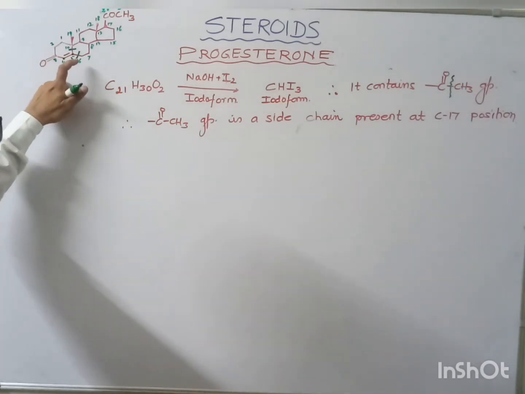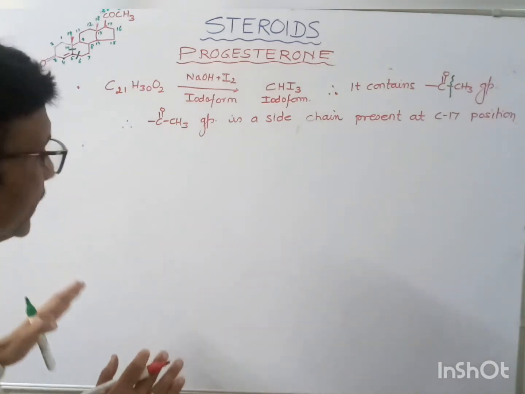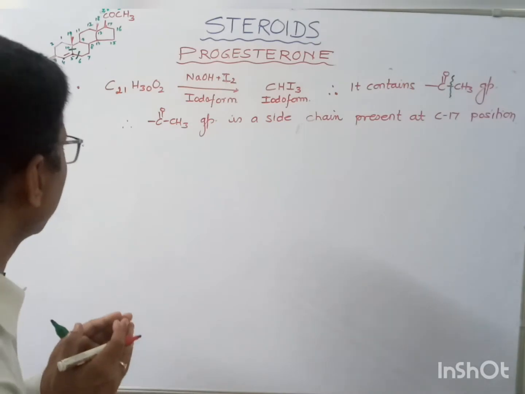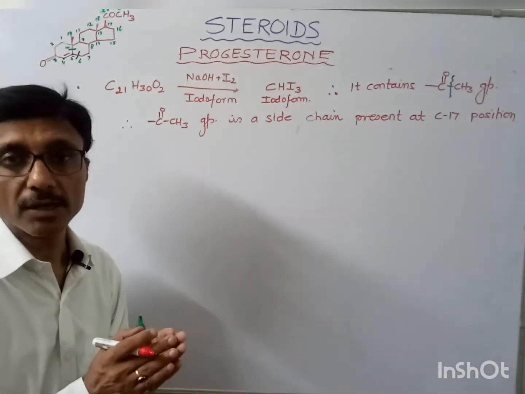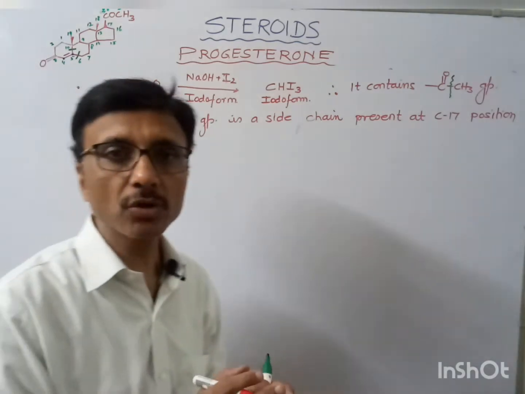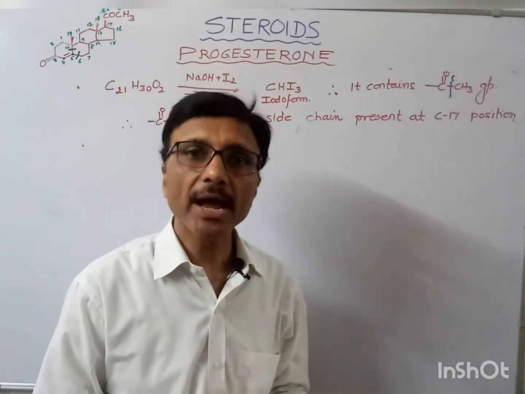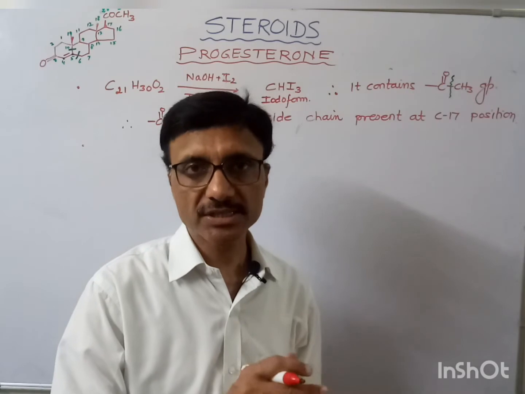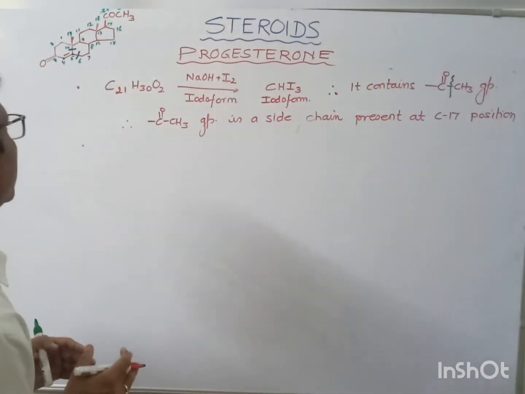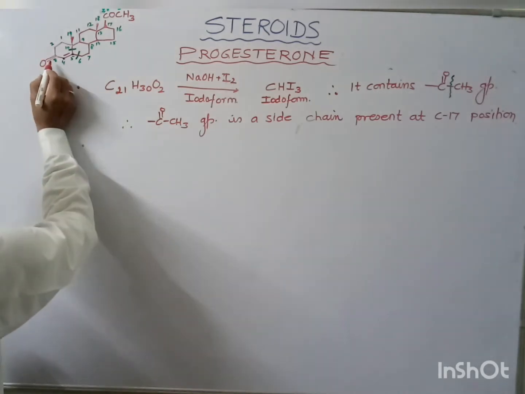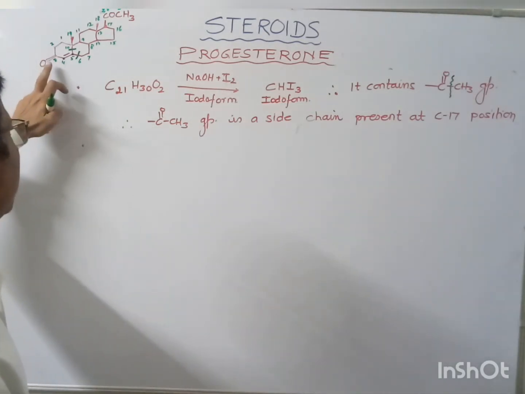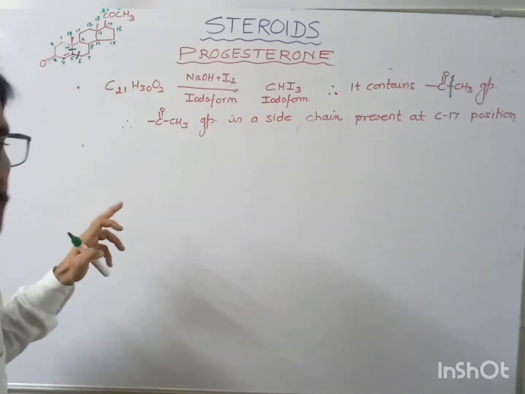As it could be synthesized from cholesterol, and it was also proved by X-ray that progesterone contains the steroidal nucleus, and finally it was synthesized from cholesterol, this confirms that progesterone should also contain another keto group at the 3rd position.